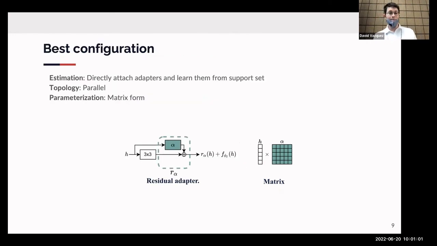In short, the best working configuration was directly attaching the adapters instead of estimating them through another network, connecting them in a parallel way, and using matrix form parameterization.